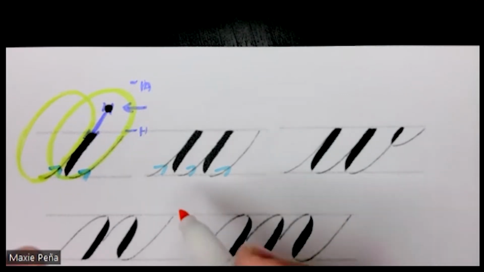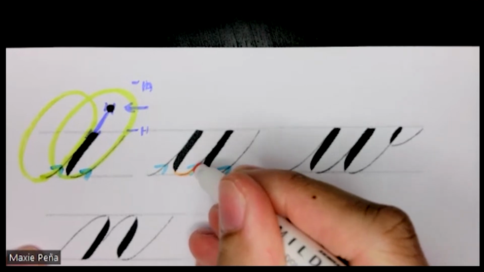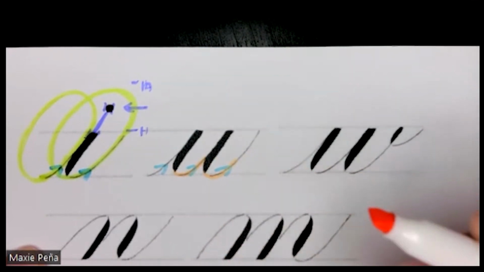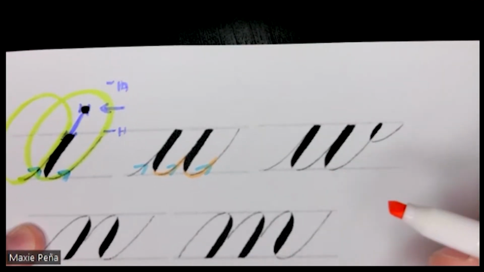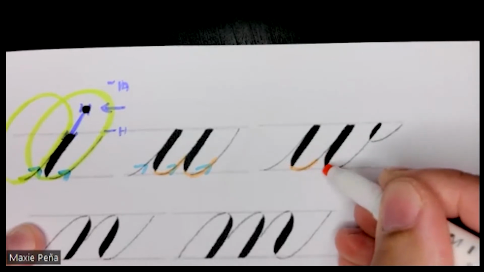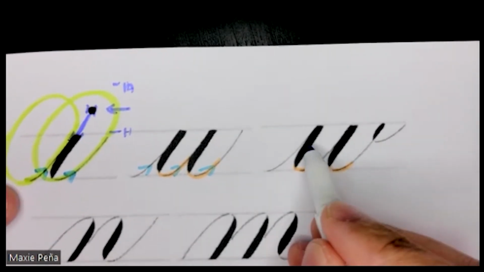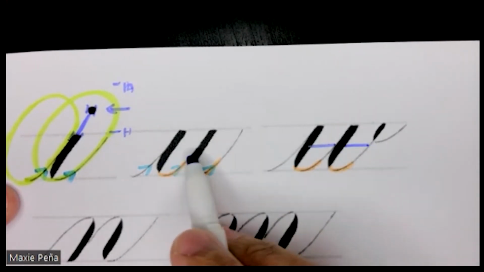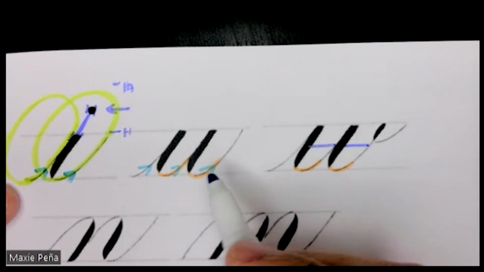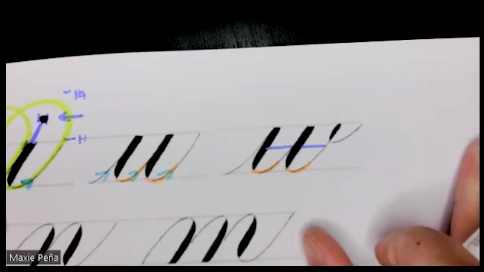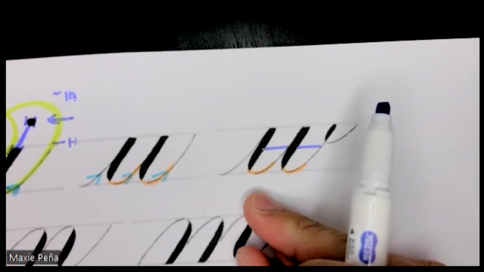For the curvatures at the bottom, or for your turns, make sure that they're also as similar as possible. When we go to the W, same thing. And for the spacing, look back at how much space you've already established in your other letters. That will be your one unit of spacing.